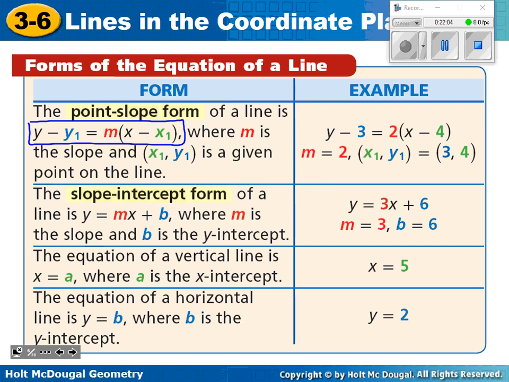And that's why it's called point slope. It's still giving you the slope, m, but it's giving you a point on your line, not necessarily the y-intercept, just any point on your line. You're going to have a number where there's the y1 and a number where there's the x1. You will not, I'm going to say it again, you will not have a number where the y and the x are.